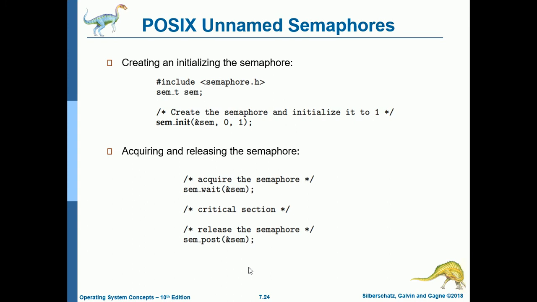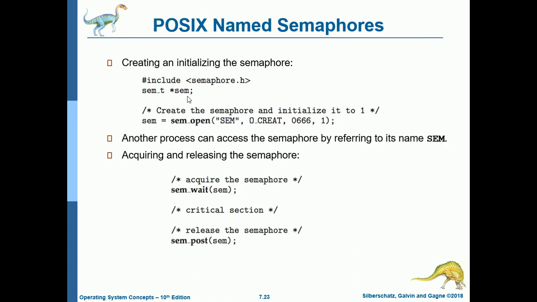How about POSIX unnamed semaphores? Creating and initializing the semaphore: for this, we have the library #include <semaphore.h>. The only difference is that for an unnamed semaphore, sem here is not a pointer, compared again to POSIX named, where it is a pointer.